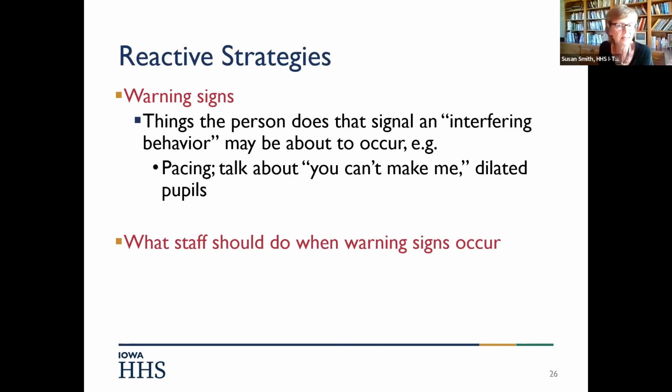So like pacing, or maybe the person starts mumbling, "You can't make me." Very common, people have dilated pupils. Sometimes we're not close enough to see it, but sometimes we are, and we notice that. Staff will say, "Oh, he gets this look in his eyes." So early warning signs are things that are within the person.